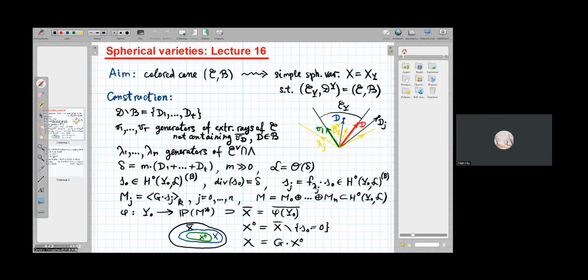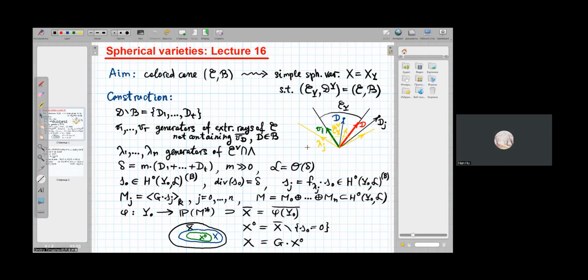Just look at the same picture. Since this cone is pointed, it lies on one side of some hyperplane. It lies in one of the open half spaces defined by some hyperplane. There is a hyperplane intersecting this cone exactly in the vertex 0. For instance, let me draw this hyperplane like this, maybe even thinner.